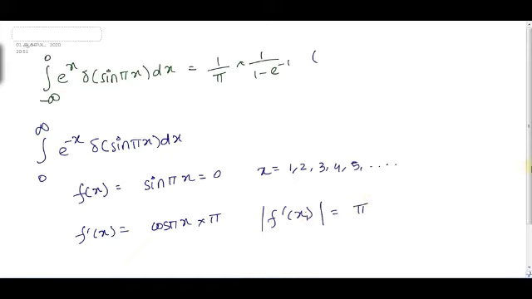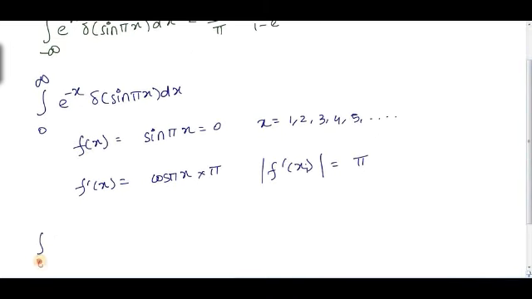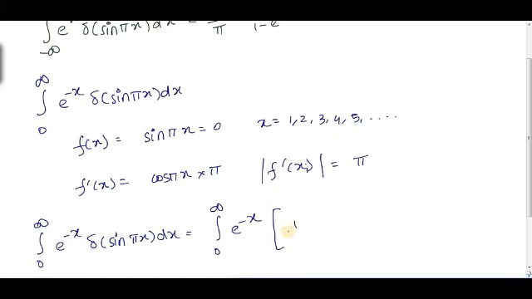So now our function will change like this: 0 to infinity e power minus x del of sine pi x dx is equal to 0 to infinity e power minus x into, I will write one by one, del of x minus 1 divided by pi plus del of x minus 2 divided by pi and so on, it will go.